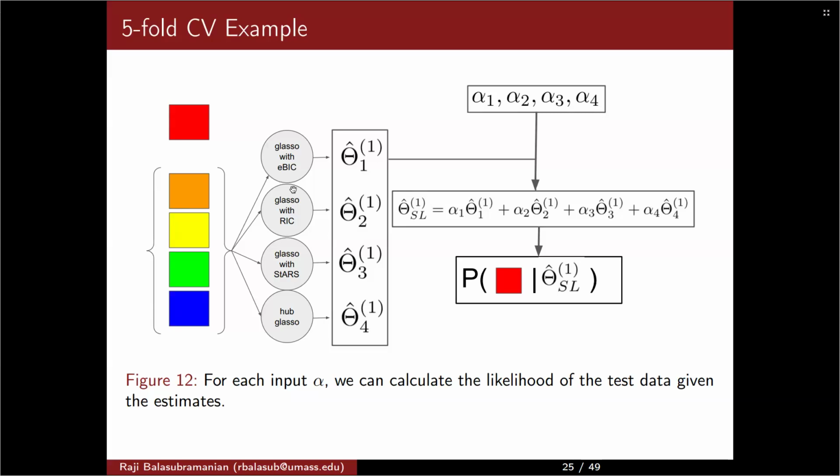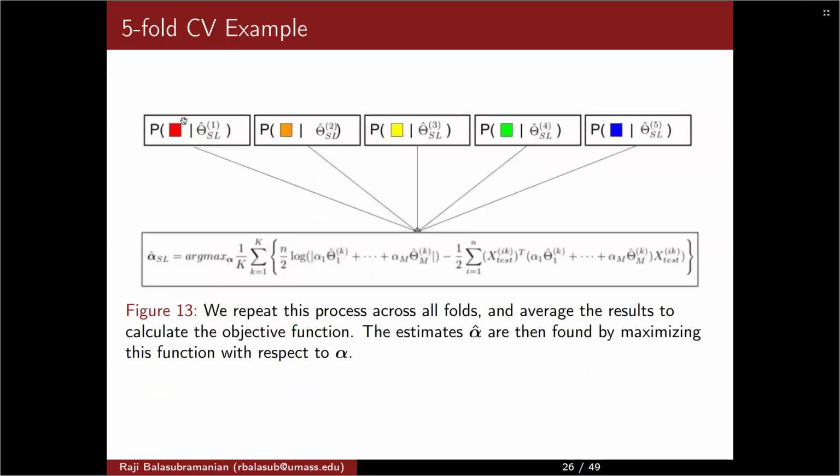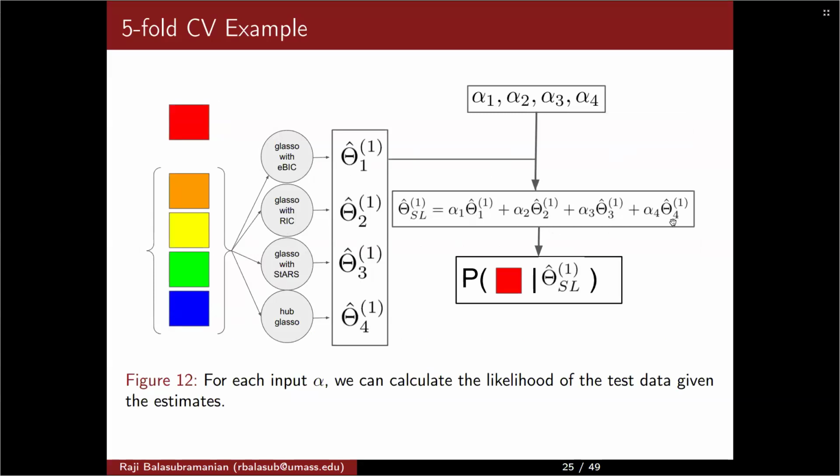So in this fold, we can write our observed data log likelihood based on the multivariate normal distribution. It's a function of our observed data in the red square, a function of these 4 different estimates of theta, also generated by the training data here, and a function of the only unknown parameters in this loss function, which are alpha 1, alpha 2, alpha 3, and alpha 4. Everything else is known once you condition on the data in that iteration.